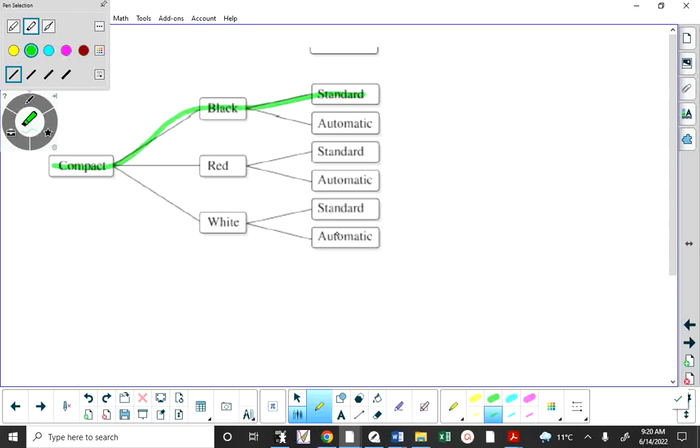Are you with me on that? So that's 1. I'm going to run out of colors. That's 2. That's 3. We also have another one here. That's 4. We've got another one here. That's 5, and then 6.